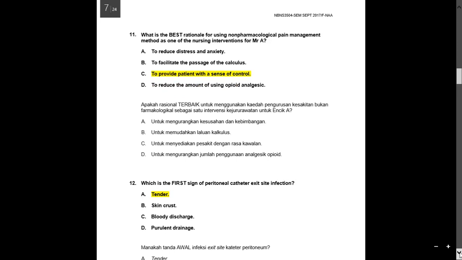Question number 11. What is the best rationale for using non-pharmacological pain management method as one of the nursing interventions for Mr. A? The answer is C. Answer C is to provide patient with a sense of control. Sense of control means the patient should be able to control his pain.